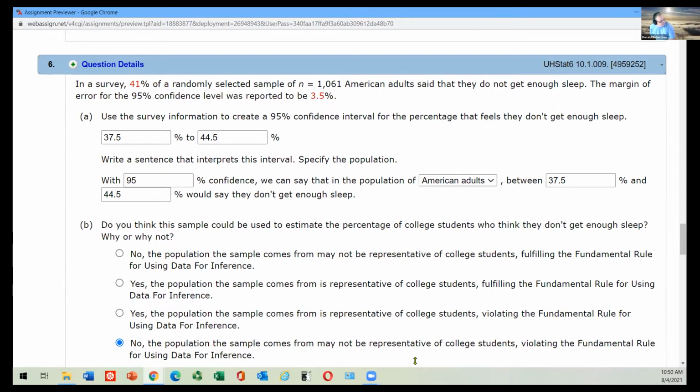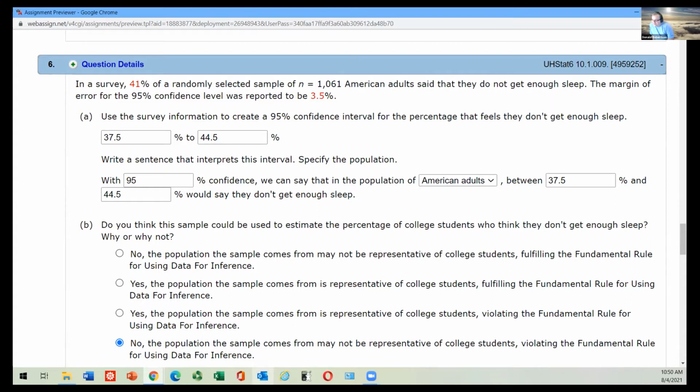If you are going to do any kind of confidence interval, you have to make sure that your sample is a fair representation of the population. You can screw that up the other way. Suppose I wanted to know the percentage of adult Americans who thought they weren't getting enough sleep, but the only people I asked were 18 to 20-year-olds.